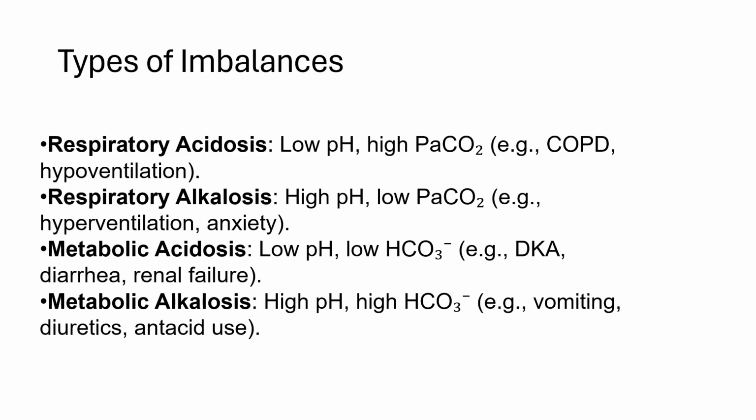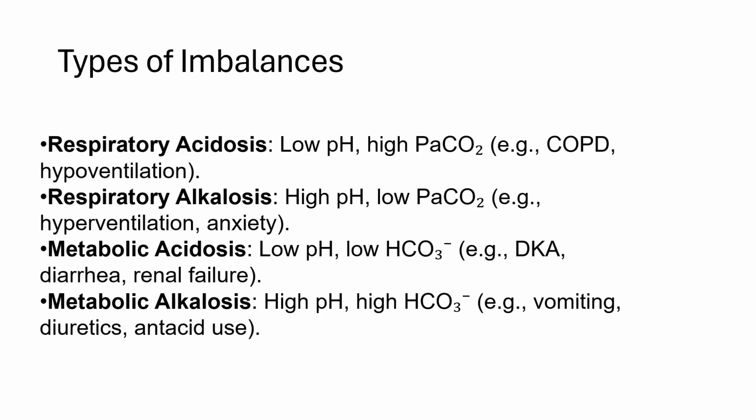Then if we have a high pH and a low PaCO2, again, arrows going different directions, it's going to be respiratory. And again, we'll have to look at our pH. What does it say? It's high. So it's going to be respiratory alkalosis, which is usually hyperventilation, anxiety, panic disorder, stuff like that.